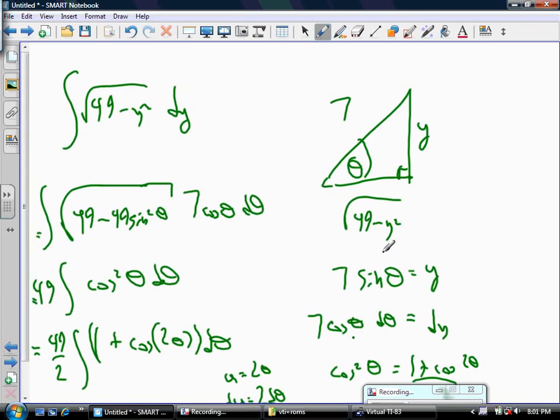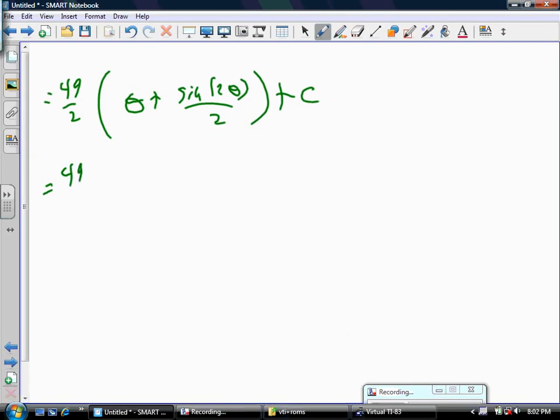Go back to the triangle, and remember what we originally wrote. The sine of theta is y over 7. So what's theta? How do you cancel sine? Do arc sine to both sides. So theta is arc sine of y over 7. So we get 49 halves times the arc sine of y over 7, plus stuff.